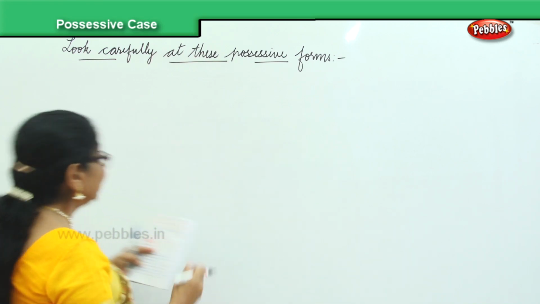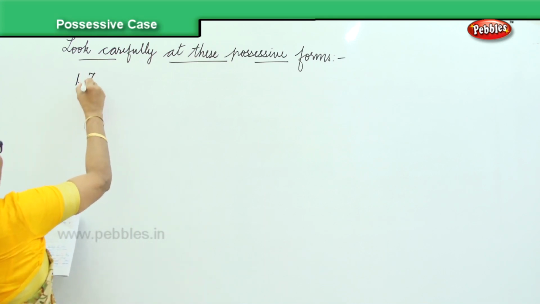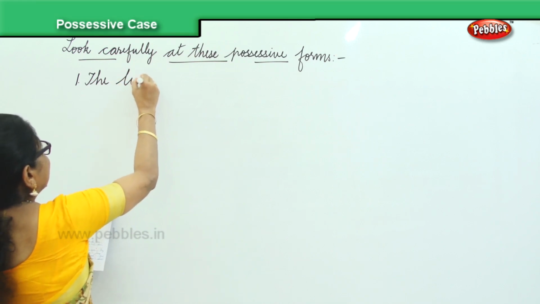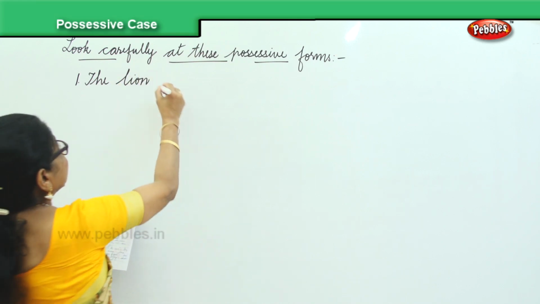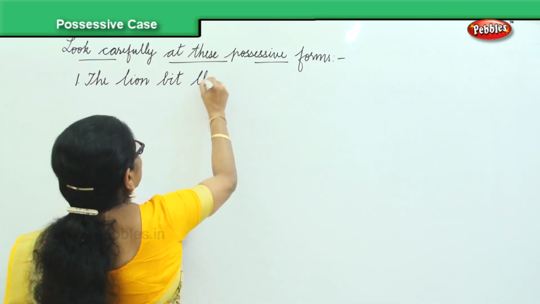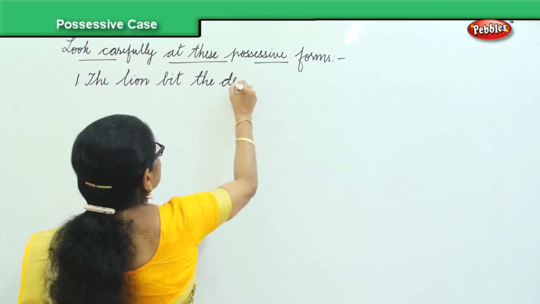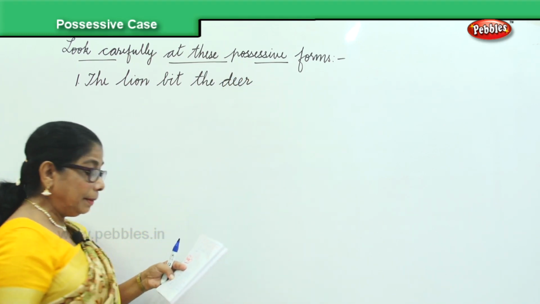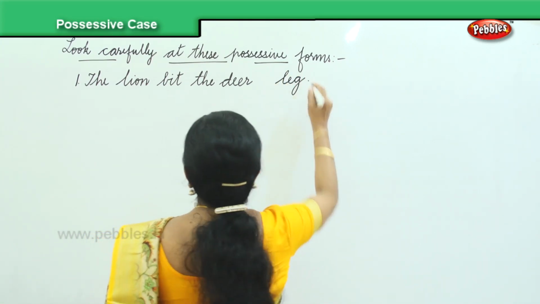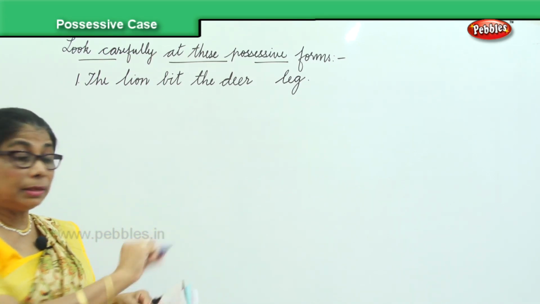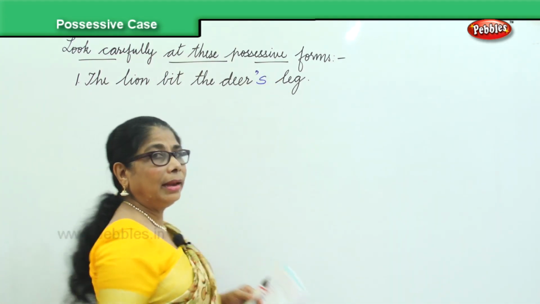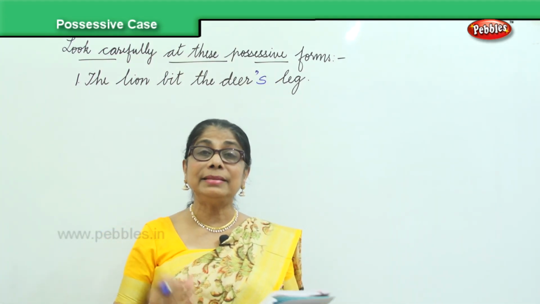Now, the first sentence: the lion bit the deer's leg. Now, you're talking about the deer. So, deer's leg. The lion bit the deer's leg.